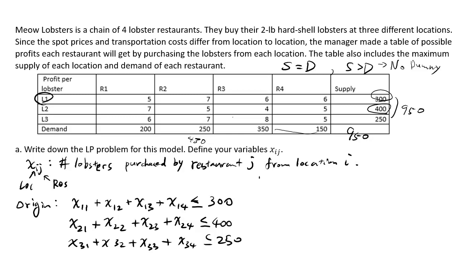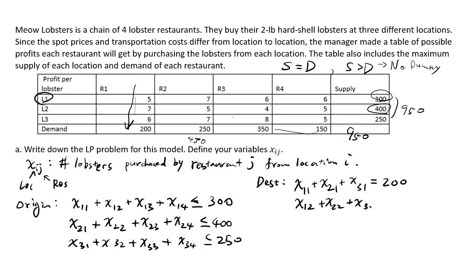Okay. Now for the destination nodes, we need equalities, and destination nodes are sums of these quantities, and that has to meet the demand, which is 200. So for R1, it's x11, location 2 to restaurant 1, location 3 to restaurant 1. All of these are what restaurant 1 will be receiving, then they have to add up to the demand. So that's what we have. Okay, x12, x22, x32.